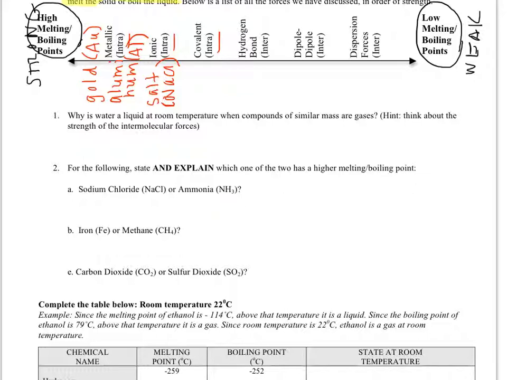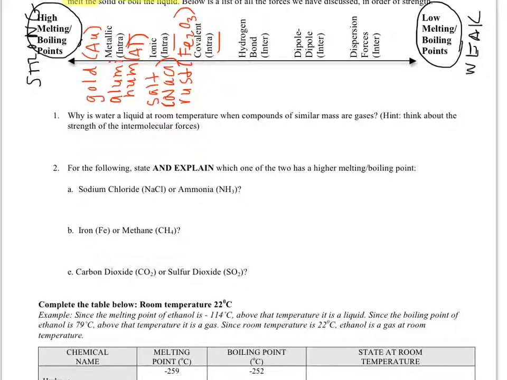So they have very strong attractions between the positively charged sodium and the negatively charged chlorine. Same with rust. Fe2O3 is rust, right? You get some rust on your car, you're trying to get rid of it. There's some options, but melting it off is not going to be one of them.